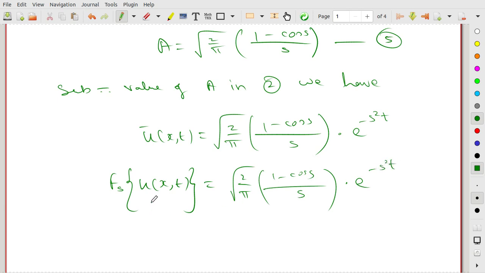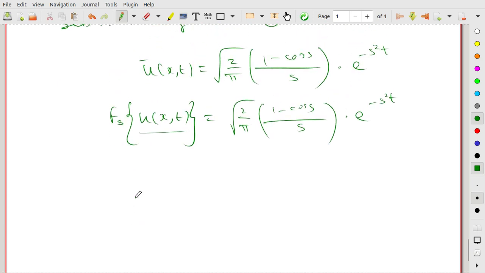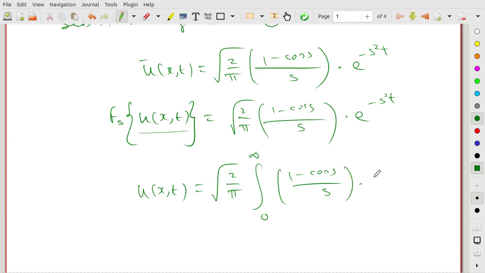Okay, so our aim is to find u of x comma t, not the Fourier sine transform. So that we have to take Fourier inverse. If we take Fourier inverse, we have u of x comma t is equals to root 2 by pi integral 0 to infinity, 1 minus cos s divided by s into e power minus s square t into sine xs ds.